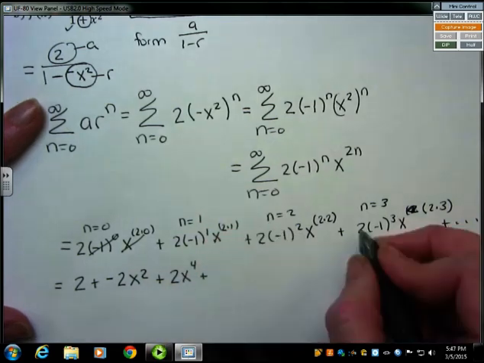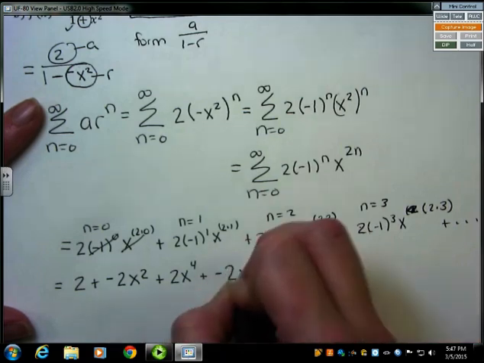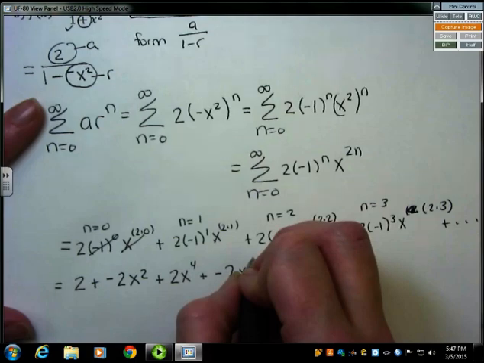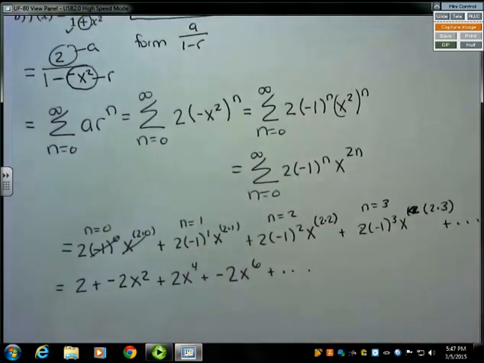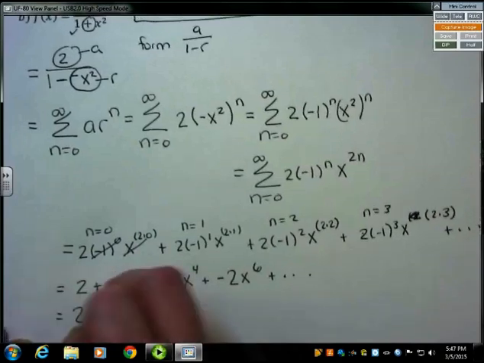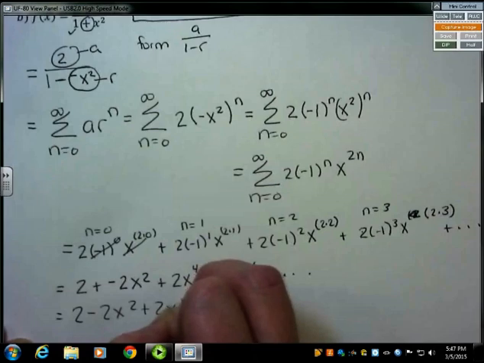Here I have 2 times negative 1 cubed, giving me a negative 2, x to the 2 times 3 is 6. I have the first 4 terms that they were looking for. So 2 minus 2x squared plus 2x to the 4th minus 2x to the 6th.